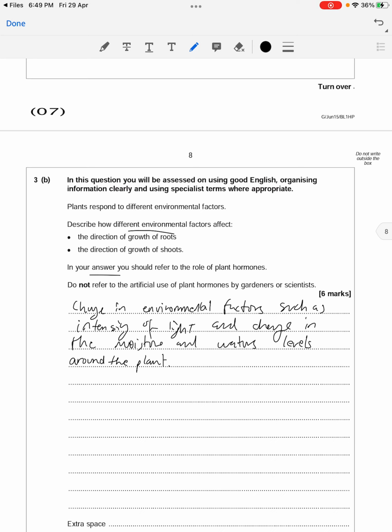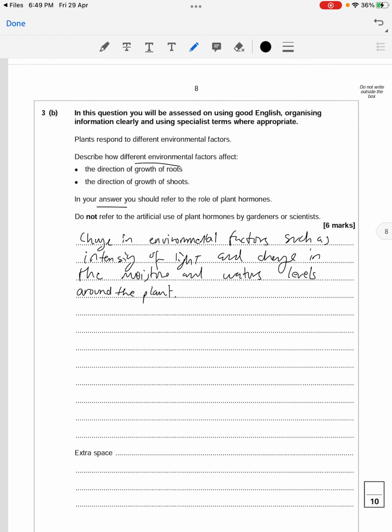All right. Okay, describe how the environmental factors can affect growth and the direction, right?